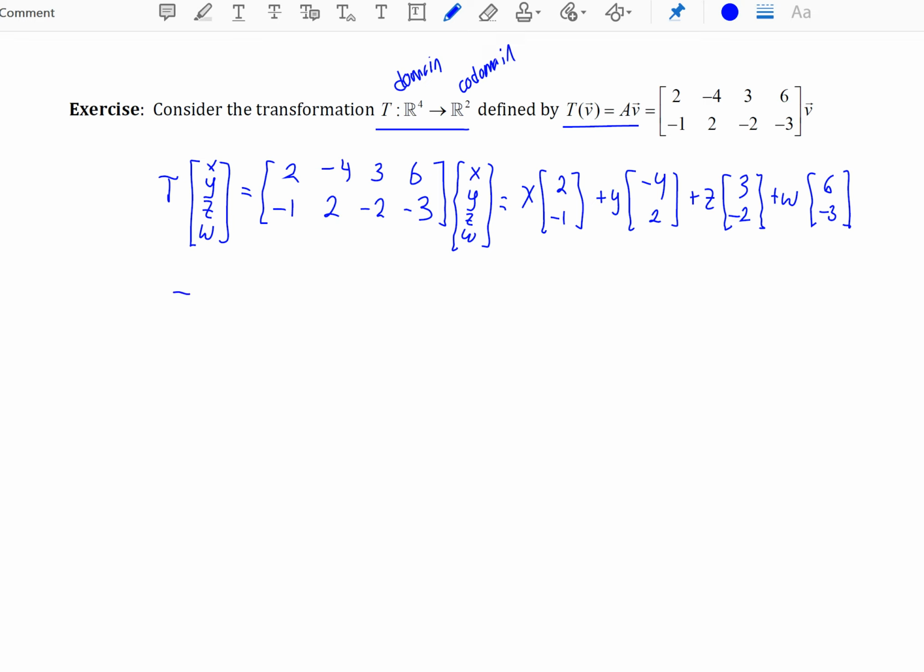And like before, I'd like to be able to discuss what is the image of this transformation, what is the kernel of this transformation, is this mapping injective, is this mapping surjective?